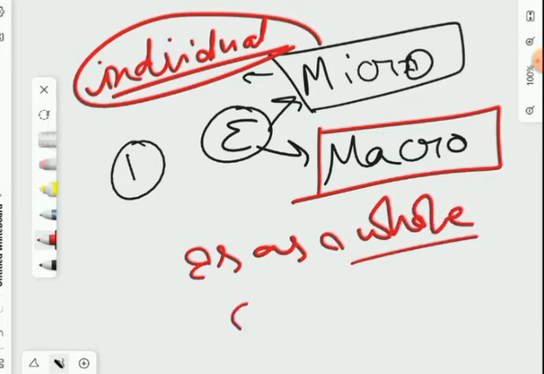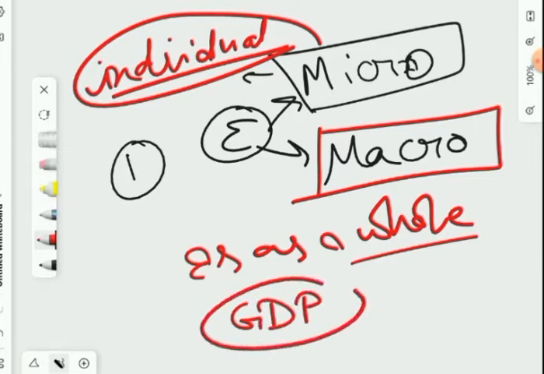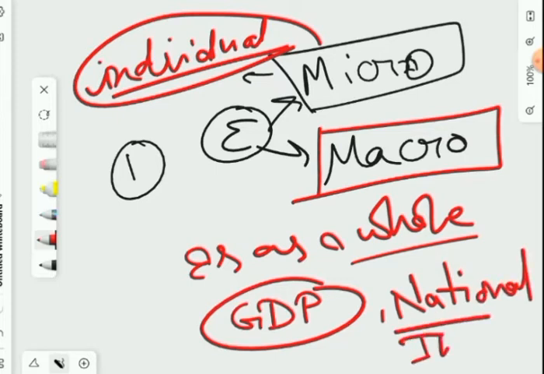For example, GDP of a country, national income of a country. So this is the difference between microeconomics and macroeconomics.